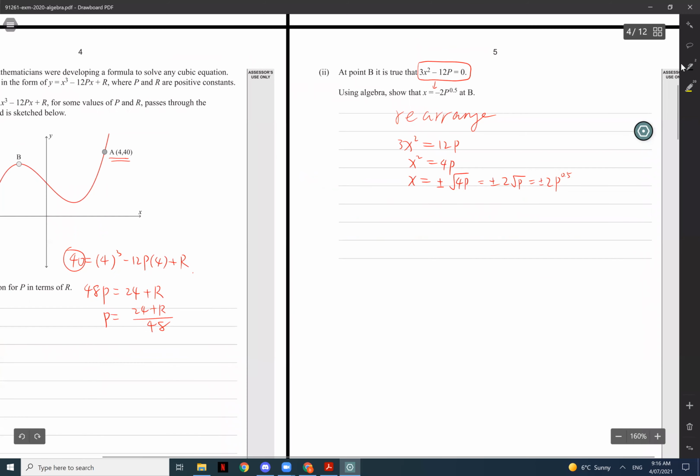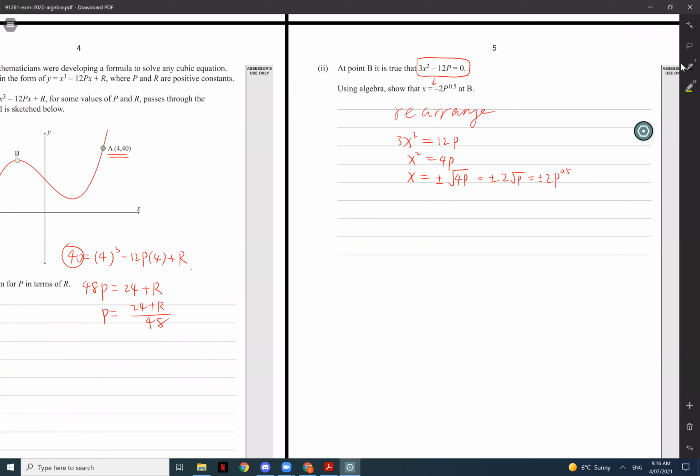Okay, and you find something. They ask you about point P, point B, the x value. Rearranging formula: we need to rearrange.